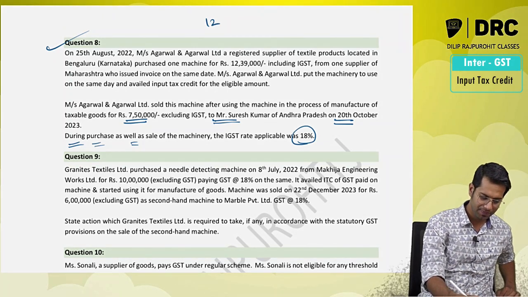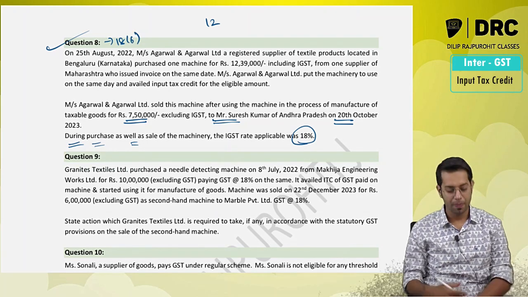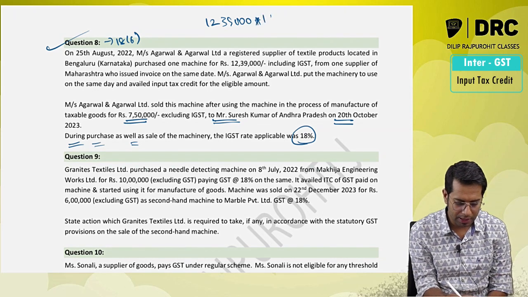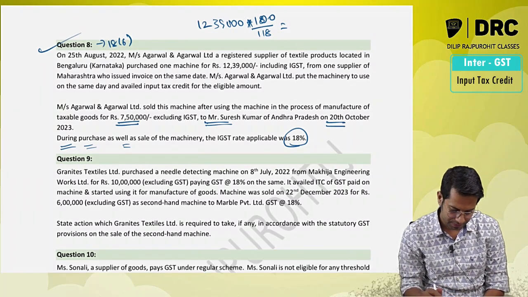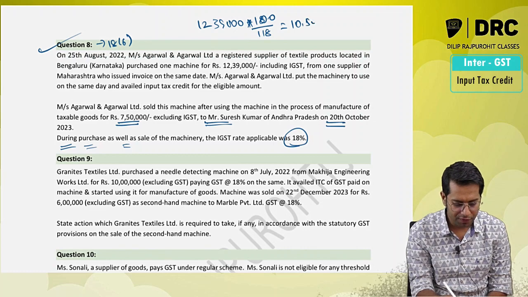So this is a question on section 18 subsection 6, supply of capital goods or plant and machinery. 12,39,000 into 100 divided by 118, I will get the amount excluding tax, which is 10,50,000.